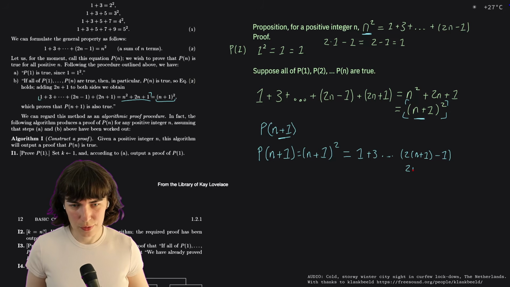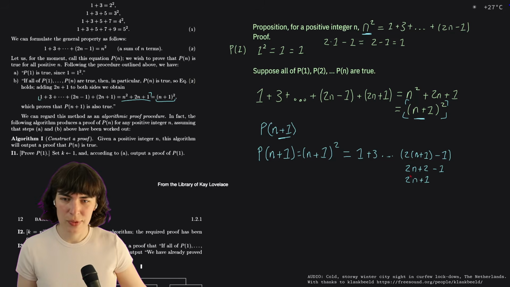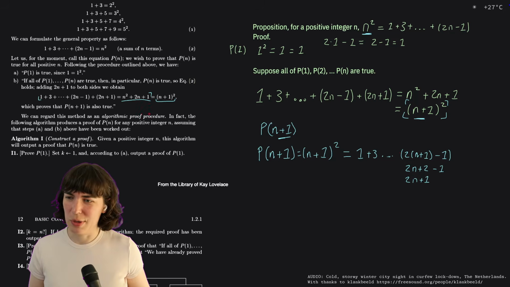Okay, 2n plus 2 minus 1, 2n, well, it's going to be plus 1, which is not right, but okay. Maybe it's fine. It kind of is fine, because really we've ended up with this, a little surprising, but it kind of makes sense.